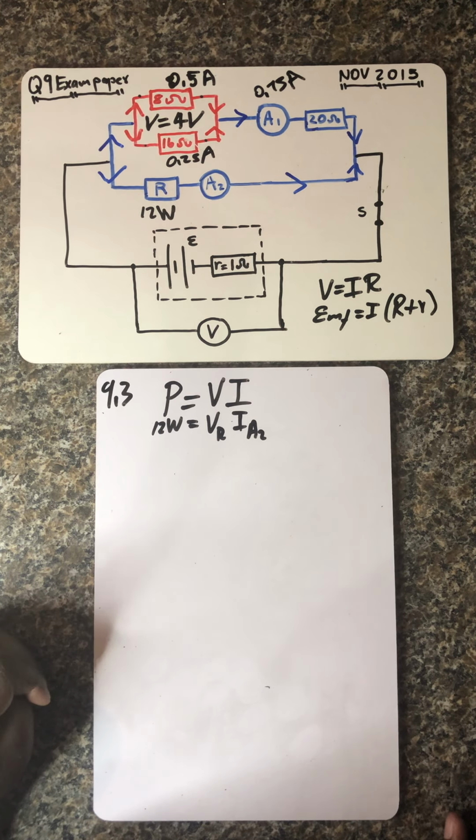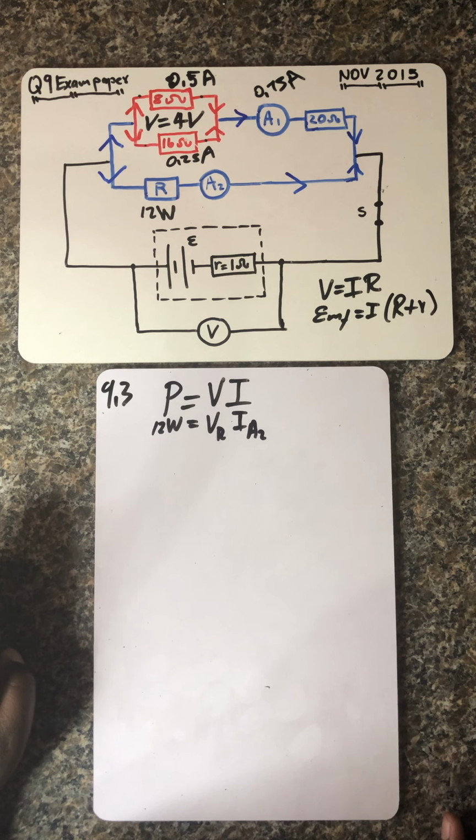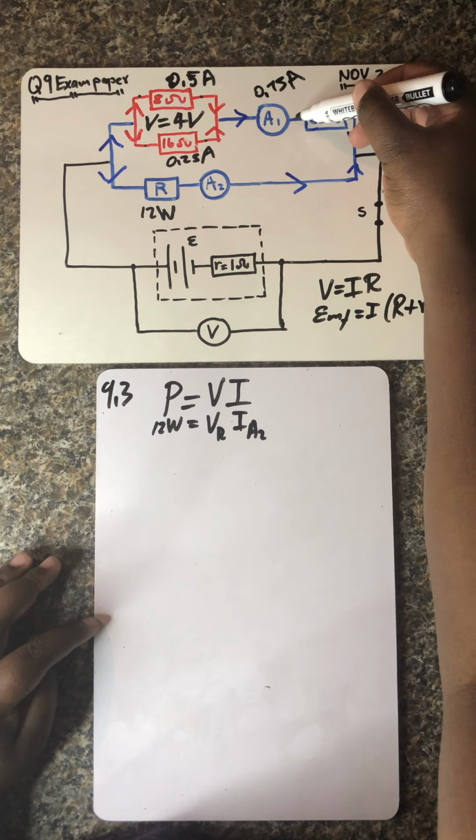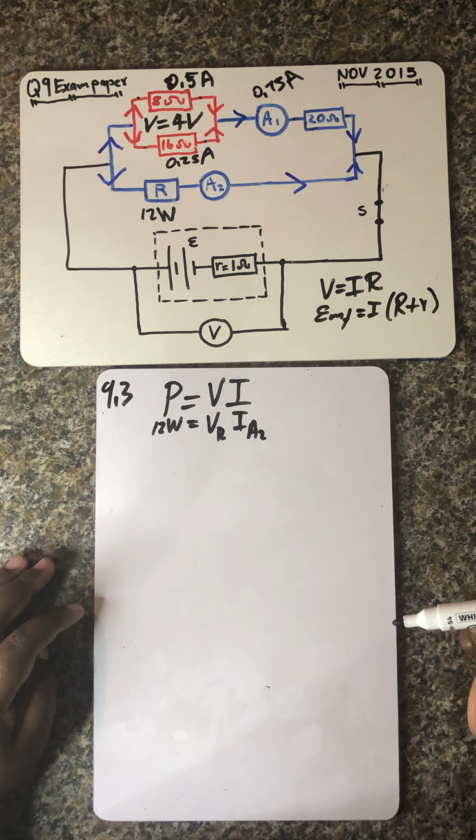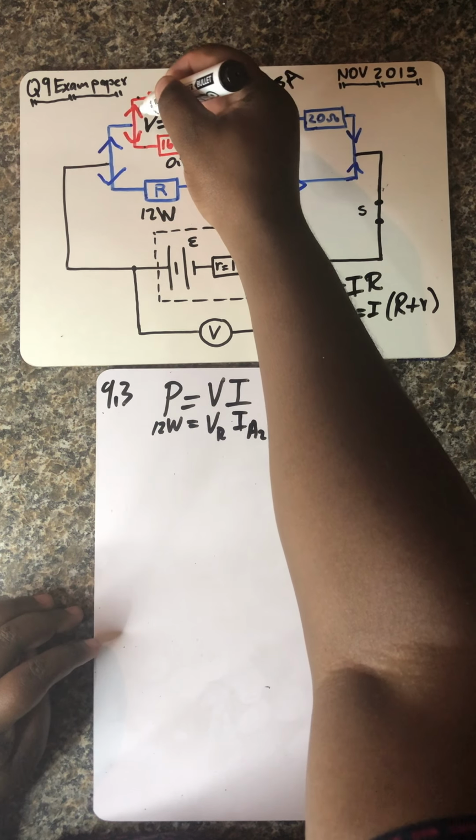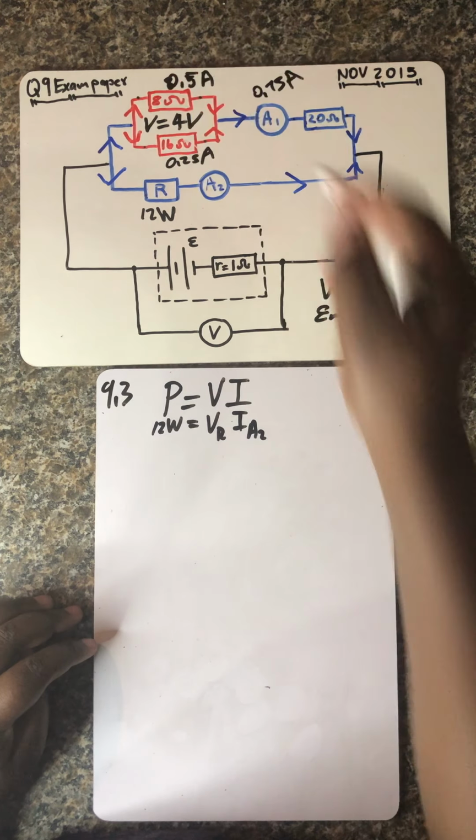So guys, let me see. I'm just trying to think of the easiest way of approaching this question. We can calculate a V on that 20 ohms resistor. Remember we've got a V for this branch.